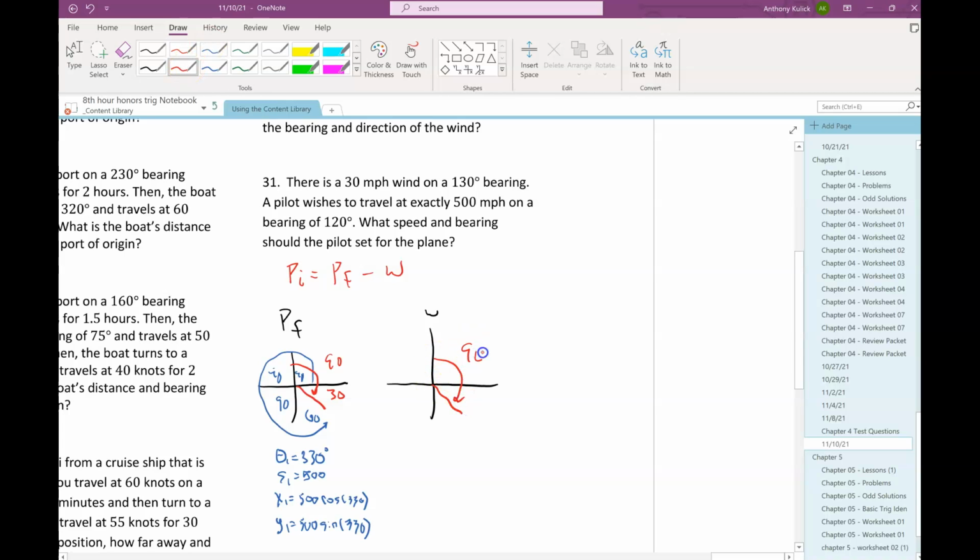So right there, 90 and then 40 more. The standard form is 90, 90, 90, and then a 50. So that's going to be 320. And the speed on the wind is 30. So x2 is 30 cosine 320, and y2 is 30 sine 320.